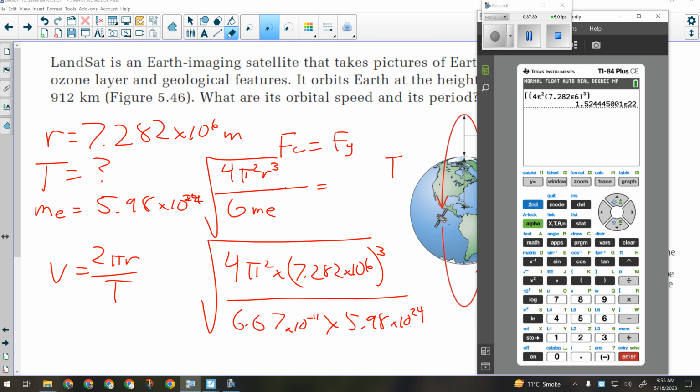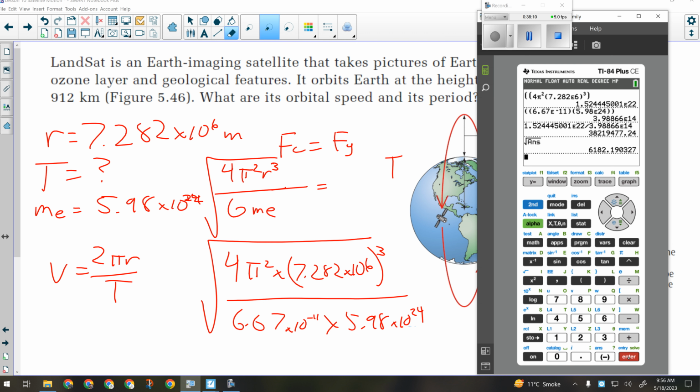So there's the top, and here's the bottom: 6.67 E negative 11, and 5.98 E 24. Oh, now I've got to divide those two numbers, I forgot to say divide. That number divided by that number gives me that, and then I've got to square root that.